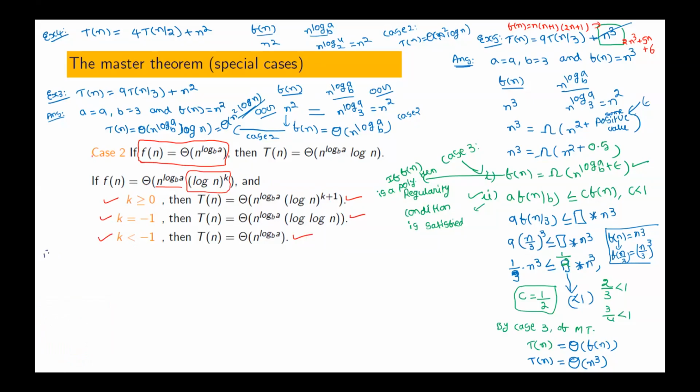Example 6. T of n is 9 times T of n by 3 plus n square into log n whole cube. Now you tell me, what is the order of growth of T of n?